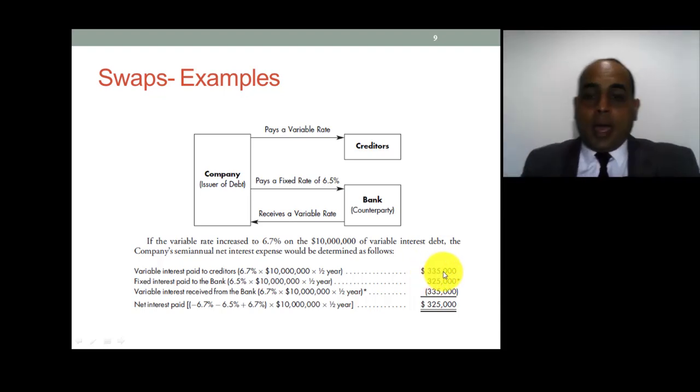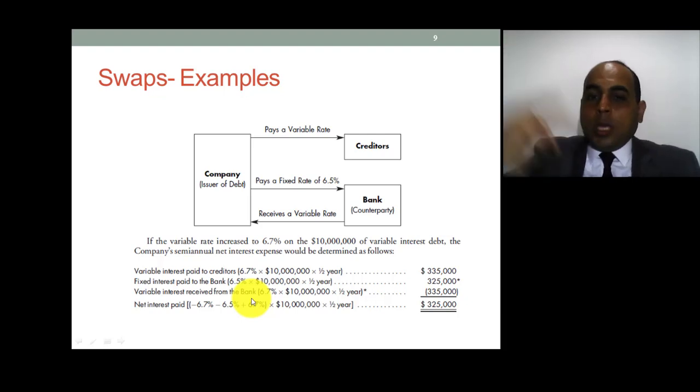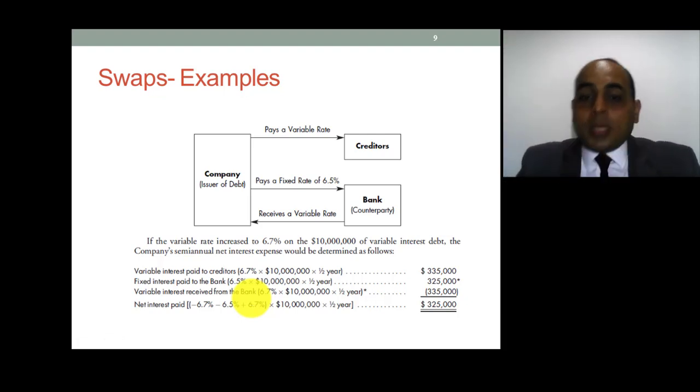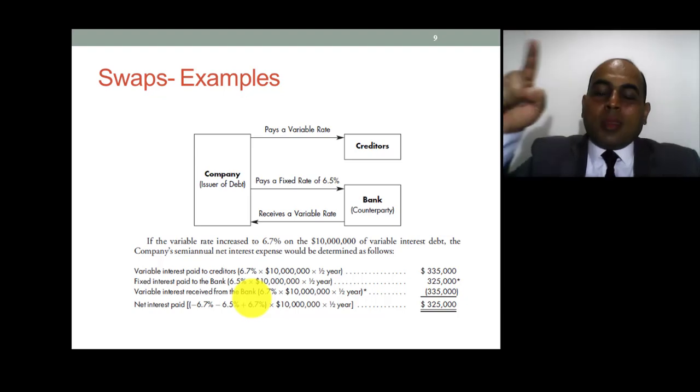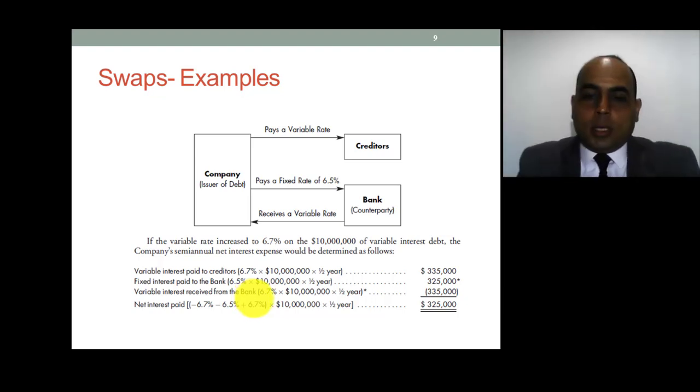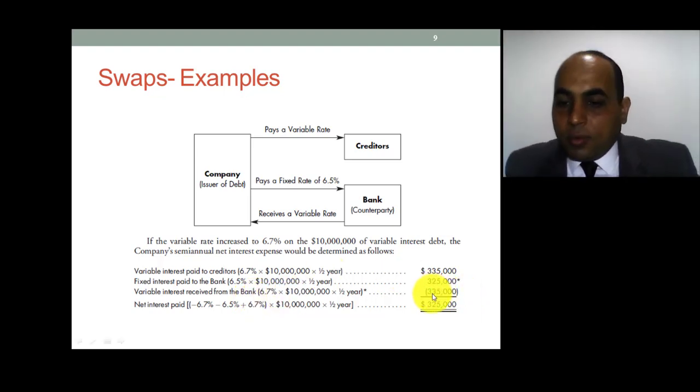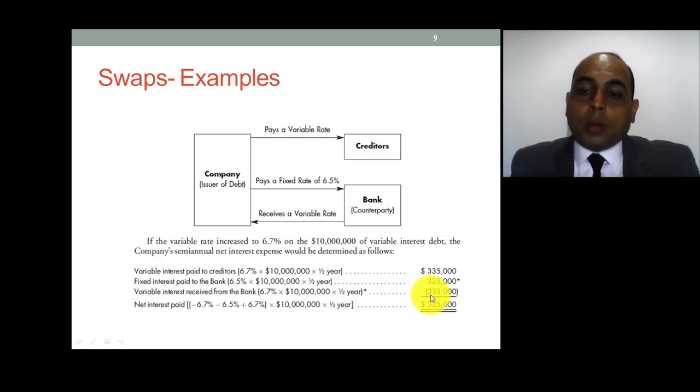On the other hand, as we entered into the interest rate swap, we will receive variable interest from the bank, as we lent him the same amount at the same variable interest rate. So we will receive from them the same amount of interest, 335.